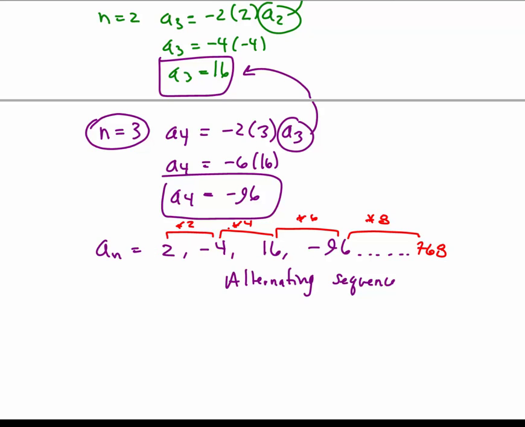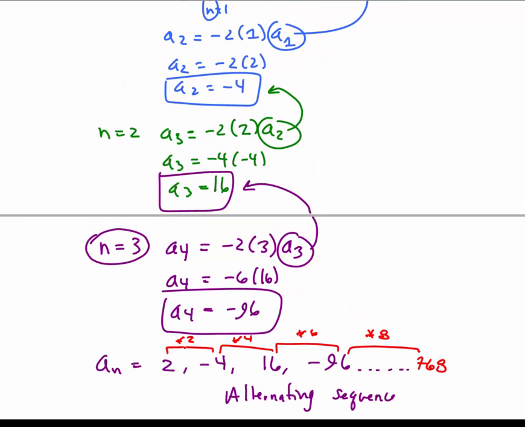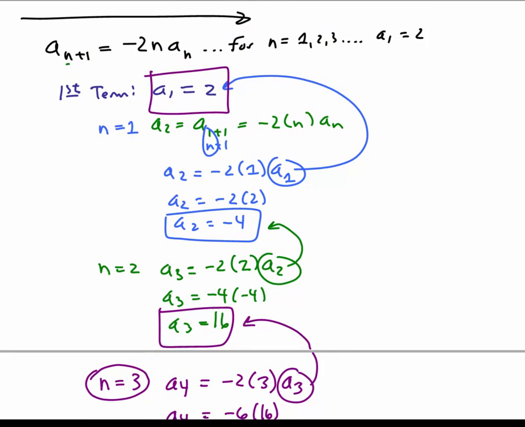So some of these you can look at and predict a pattern. Some of them are not so obvious though, and sometimes you can verbalize the pattern very easily, sometimes not. So this one just looks like we're multiplying by increasing even numbers. So 2, 4, 6, 8. But I write it in recursive form to be able to plug in any value to find any term.